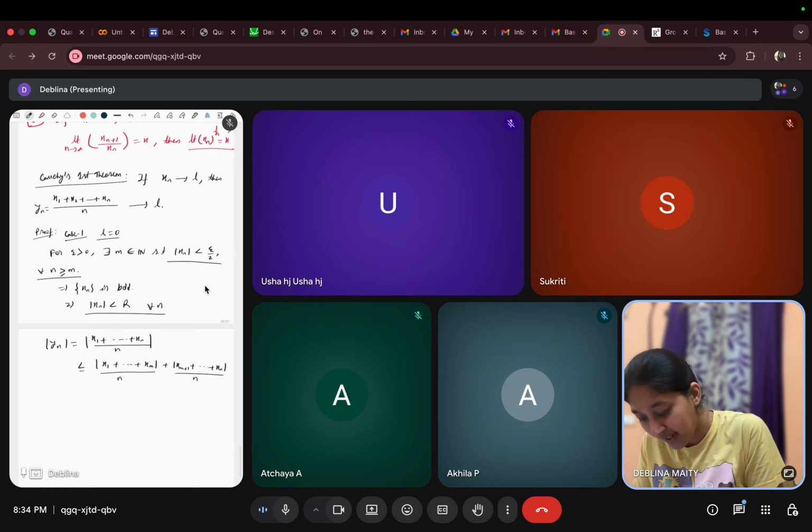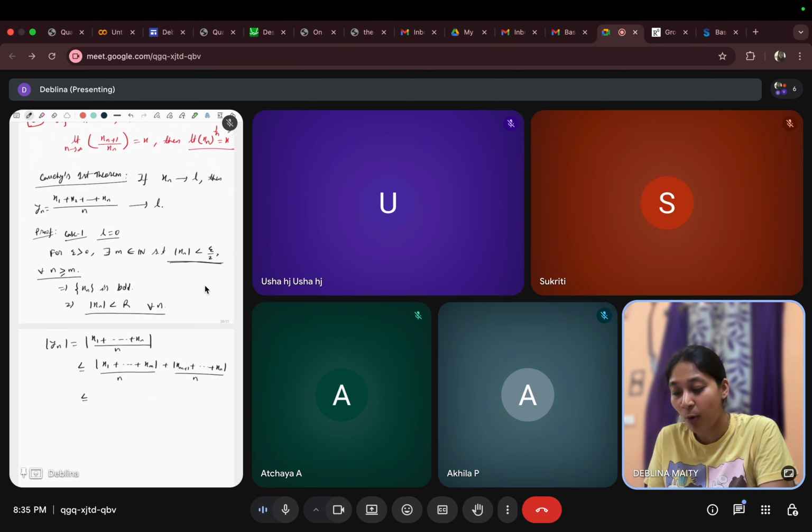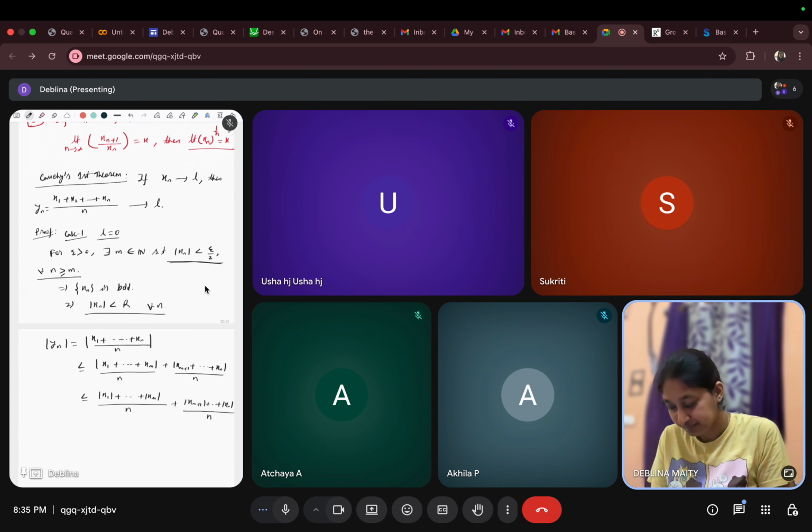Now using the triangle inequality, up to m we use this r, and after m, for n greater than or equal to m, we have mod xn less than epsilon by 2, right? So this is mod x1 plus ... plus mod xm by n, and mod xn by n.